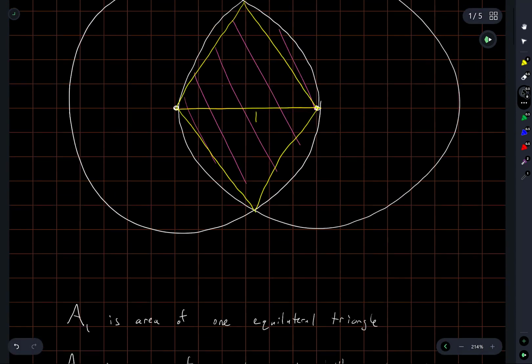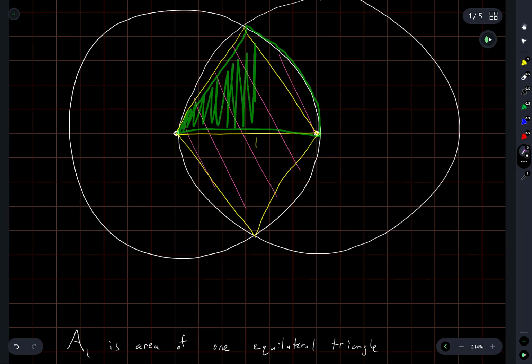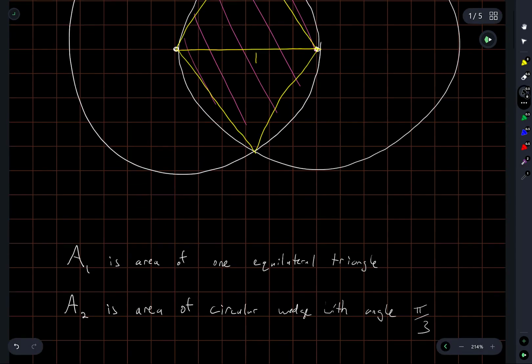Okay, so in fact, what I'm calling A2 is the area of this figure here. So it's the triangle plus this small circular slice.